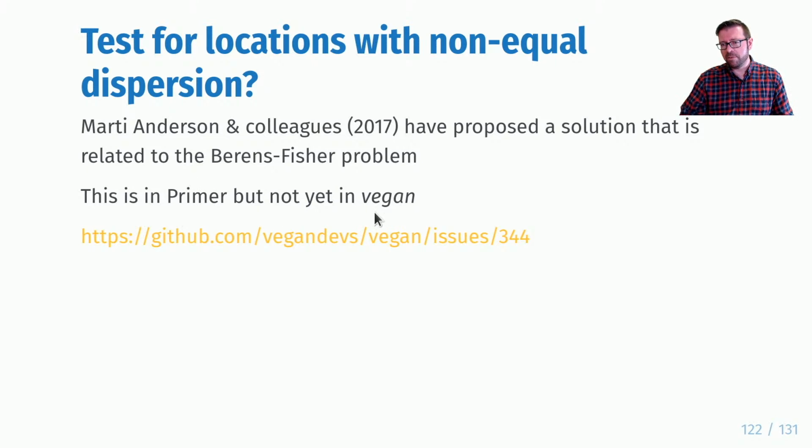It's not yet in Vegan, and there is an outstanding bug report for us to try and add it. I haven't even looked at the paper yet to see what's involved and whether it's going to be easy to do or not. So we can't do anything in Vegan to solve it. Primer has this particular thing, but Marti's 2012 paper also talks about what you're actually testing if you do have differences in dispersion when you do PERMANOVA, and so that's a good paper to look at.